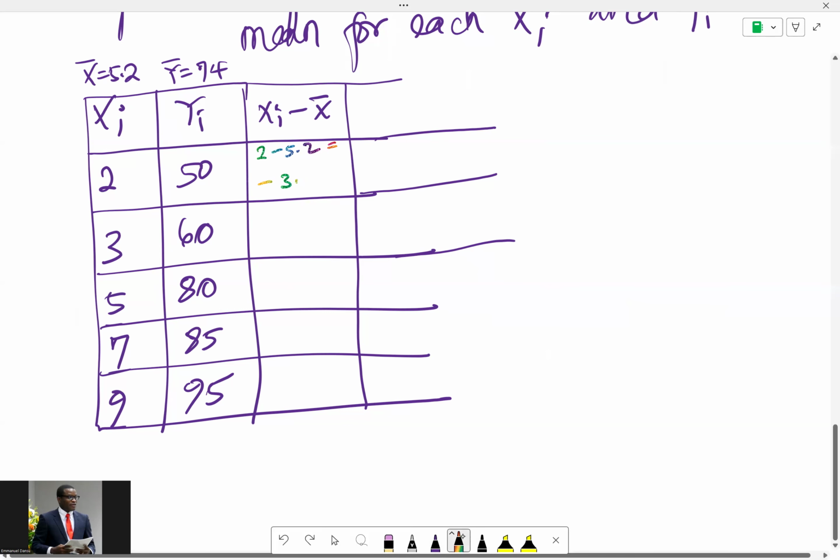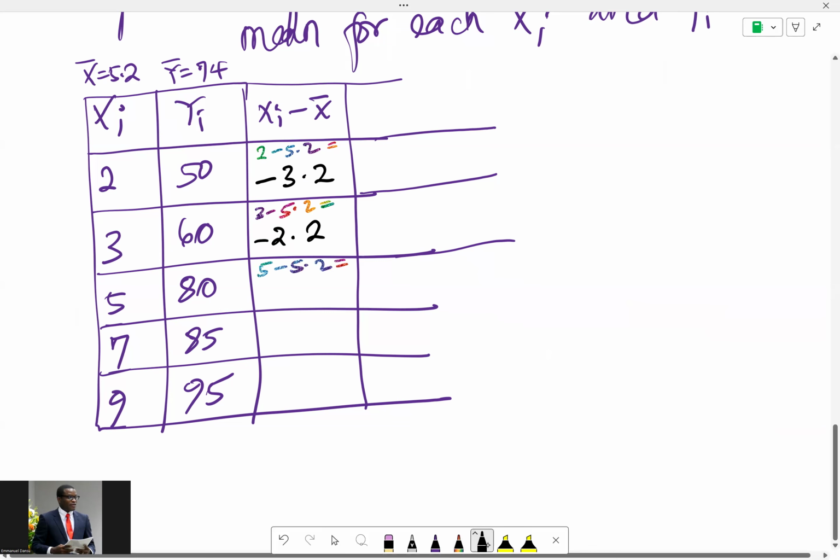I just want to do only the calculations like that. That's the actual value we are after. Then next we have 3 minus 5.2, that will be minus 2.2. Next we have 5 minus 5.2.